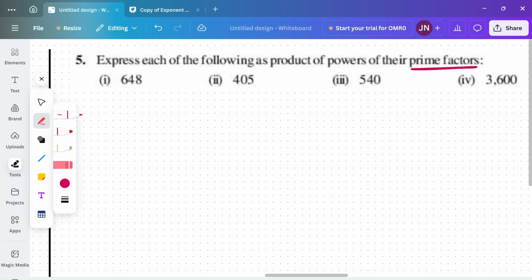What happens sometimes, if I take the number 64, 64 can be written as 8 times 8, right? 8 squared. This is absolutely correct because 8 squared is also an exponential form. But in this question, we have been very specifically asked for the prime factors.